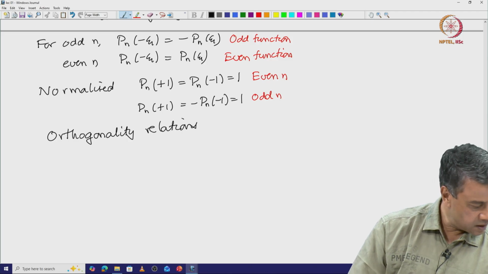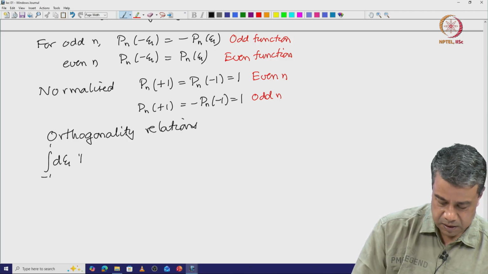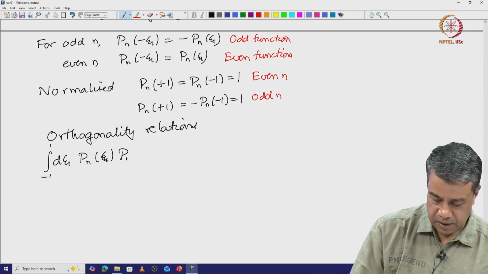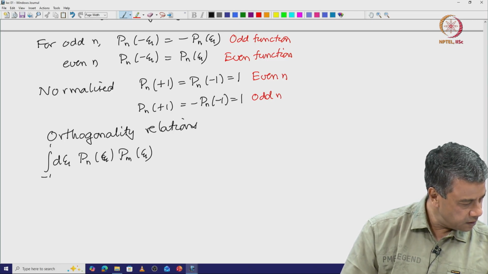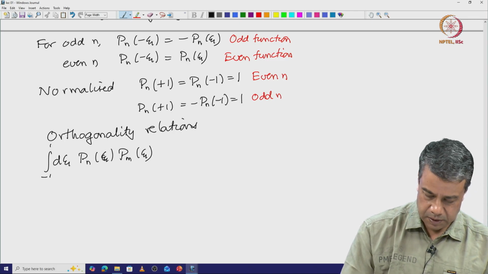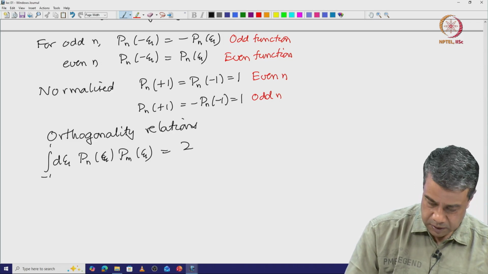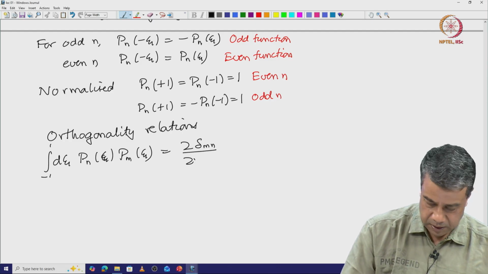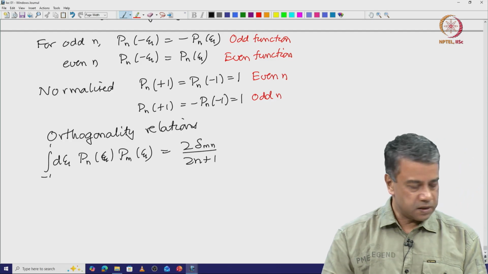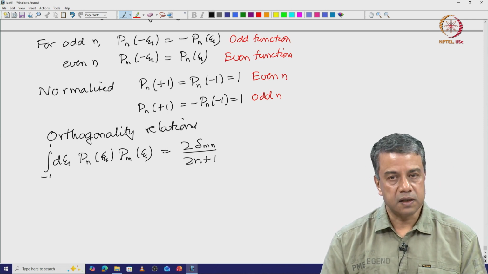That is, integral minus 1 to 1 d psi Pn of psi Pm of psi is equal to 2 delta m n by 2 n plus 1. This is the normalization condition that is satisfied for the Legendre polynomials.